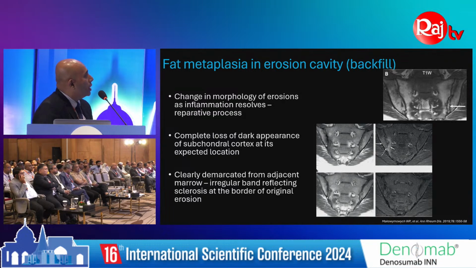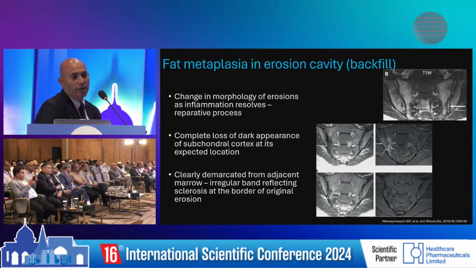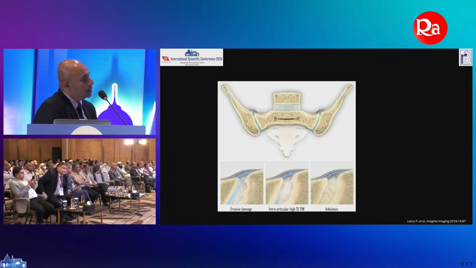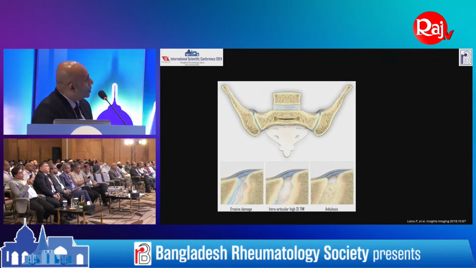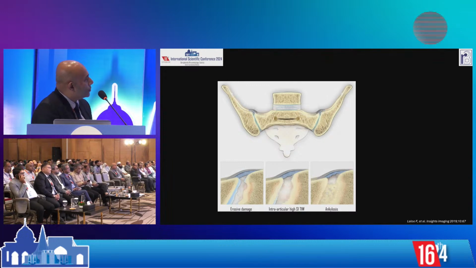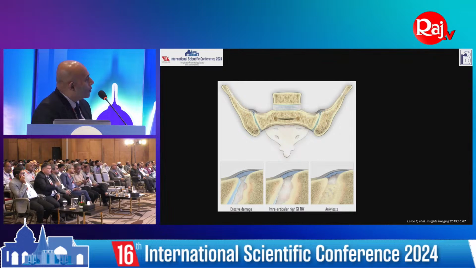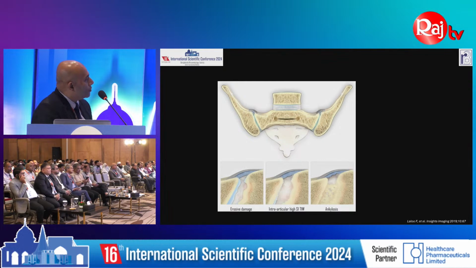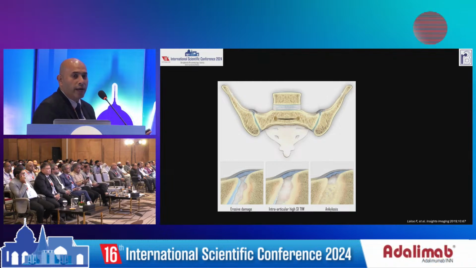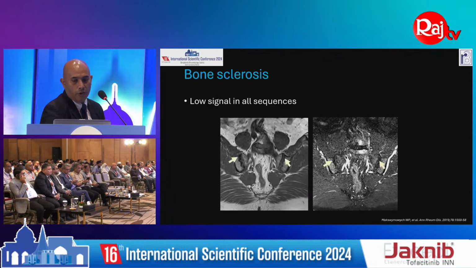This depicts what axial spondyloarthritis is. We have a normal joint here, it gets eroded, and then fat fills up that erosion, which is fat metaplasia in an erosion cavity, and that gradually works its way into ankylosis. So that's the progression of axial spondyloarthritis we know about.